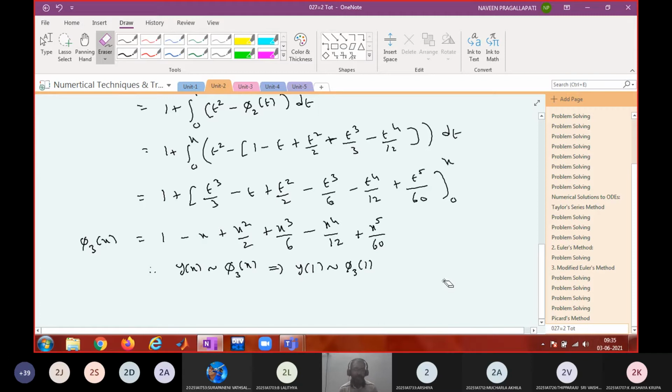1 minus 1 is 0, then 0.6. Exactly 0.6. I think some more decimals I am seeing in the book.